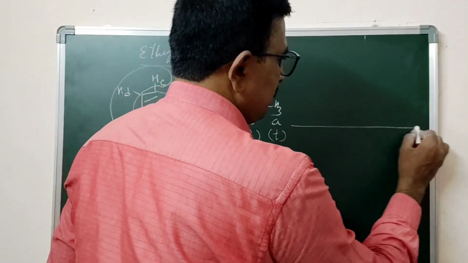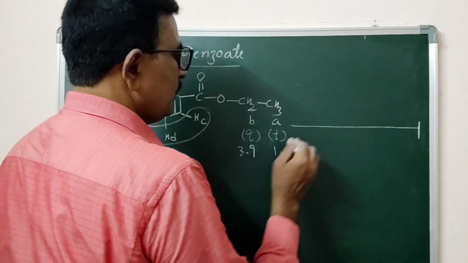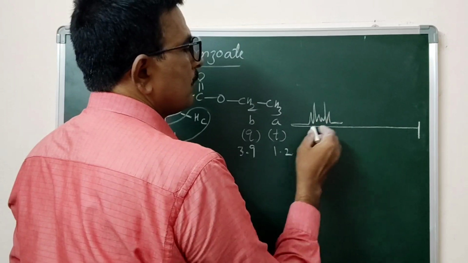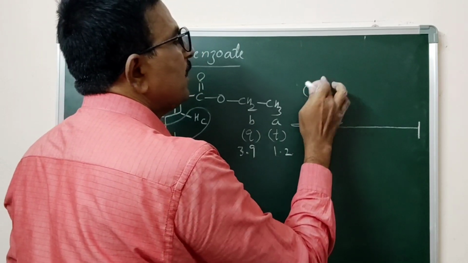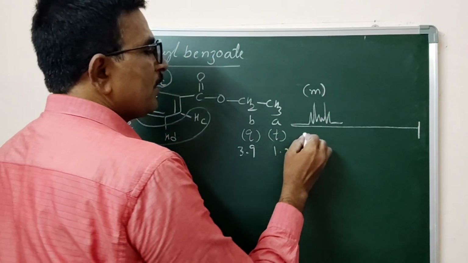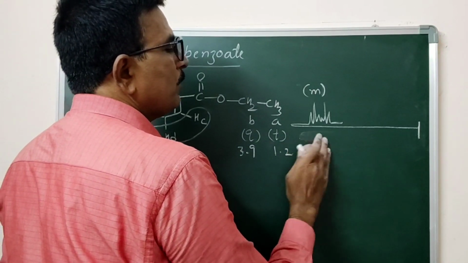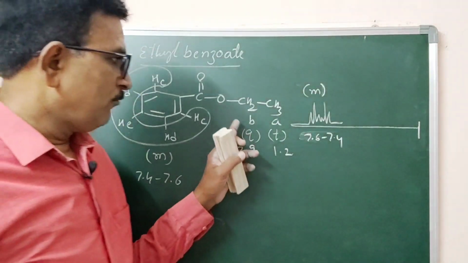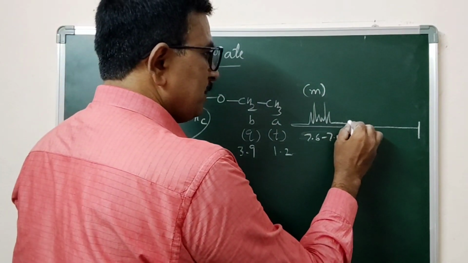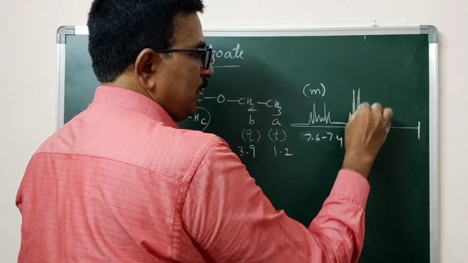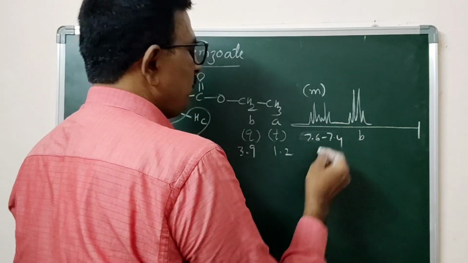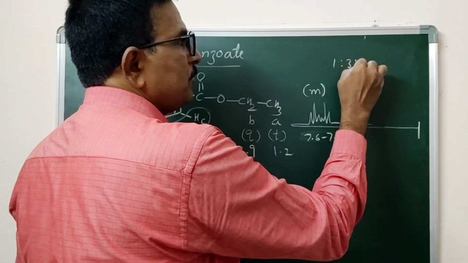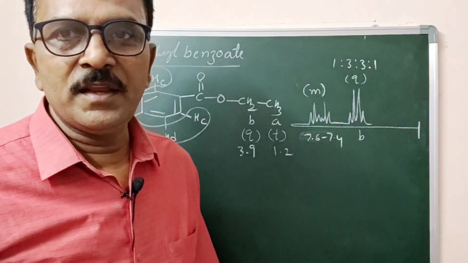Then we can present the spectrum. First, the aromatic multiplicity. This is the multiplet signal for aromatic protons at 7.6 to 7.4 ppm. For B proton, it is a quartet, 1, 2, 3 and 4, with 1:3:3:1 intensity.